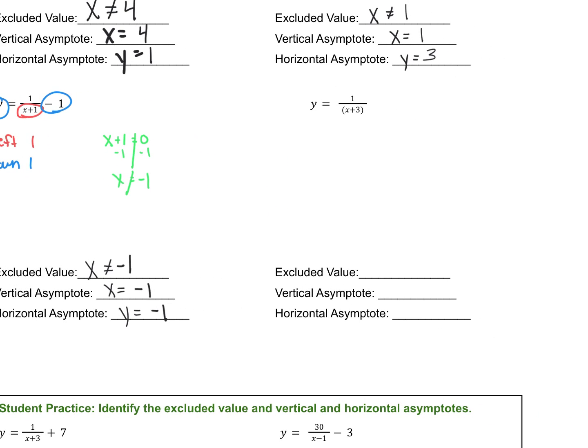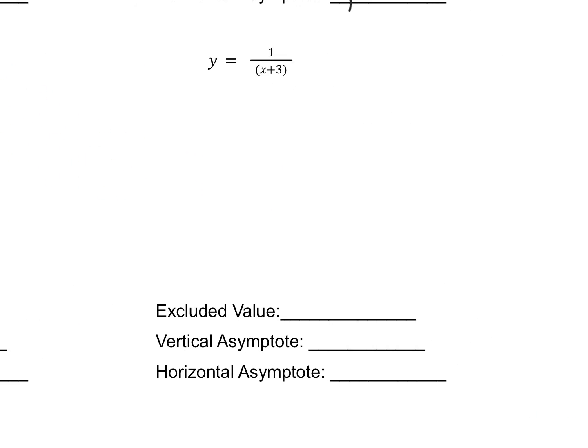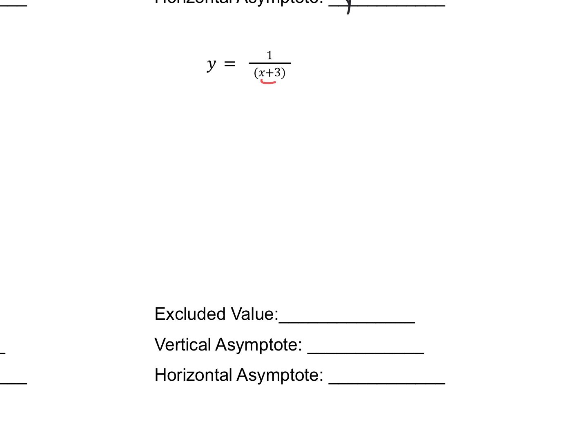Let's try one more. Okay. Find your different parts. We have horizontal. My vertical is back here. Remember, if there's nothing there, that's like saying +0. Our excluded value, x does not, x does, and y does. Let's do our vertical first. If it's +3, that's going to move left 3.